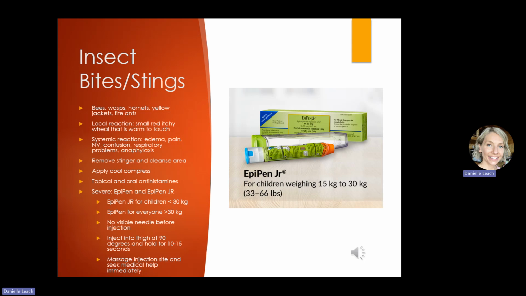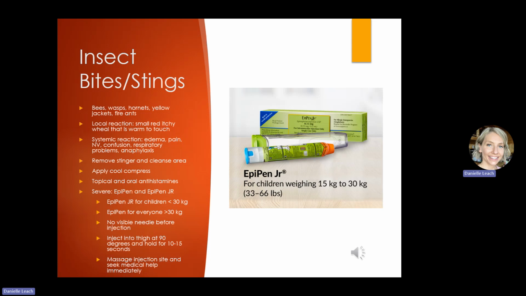If we're giving an EpiPen, some of the EpiPens come with ones that you can demo with or that the person can practice with that doesn't have any medication or an actual needle in it. So sometimes there's a separate one that comes with a real EpiPen and then one that they can practice with also. But we can educate them that there's no visible needle before the injection.